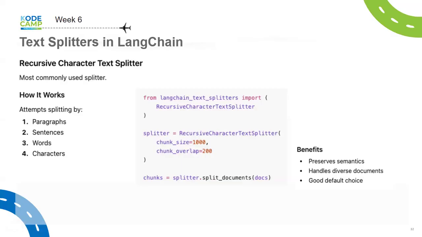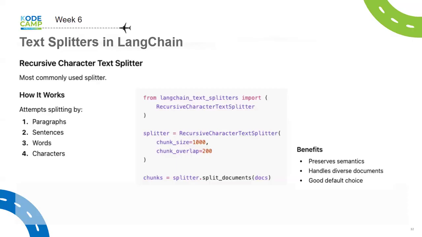And it typically is your starting point because it looks at the structure of the file. If it can split it into the largest chunks, which are paragraphs, it will do that.